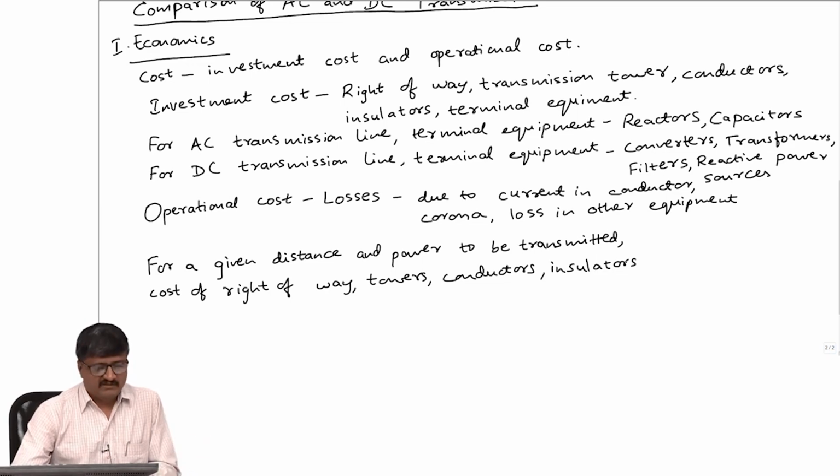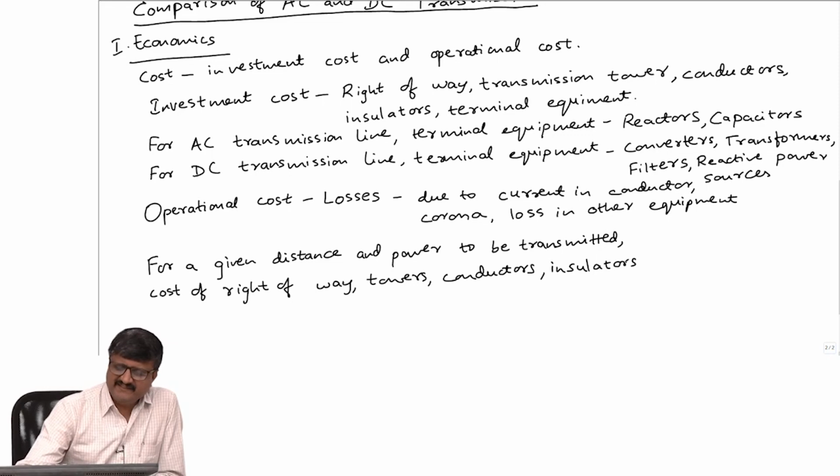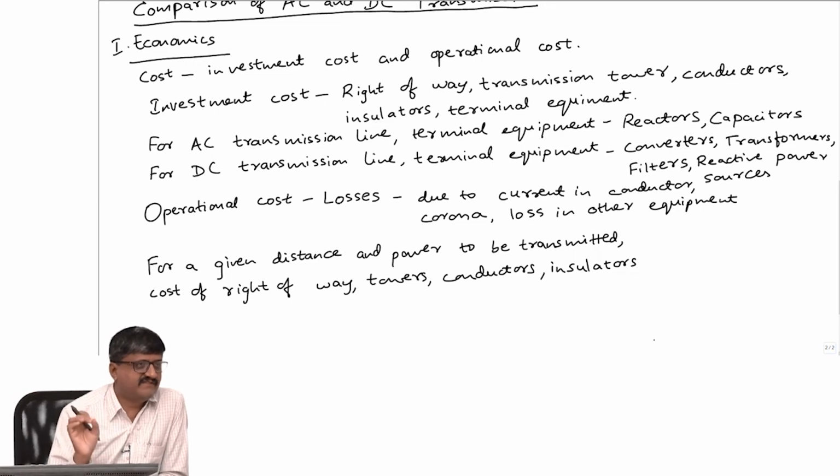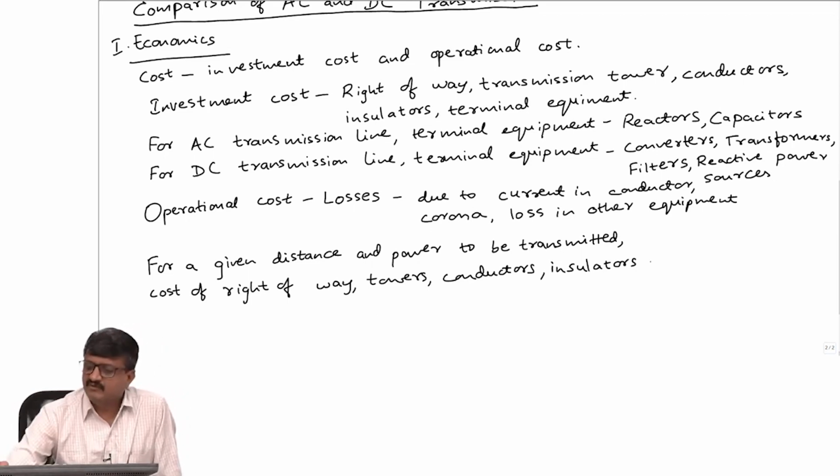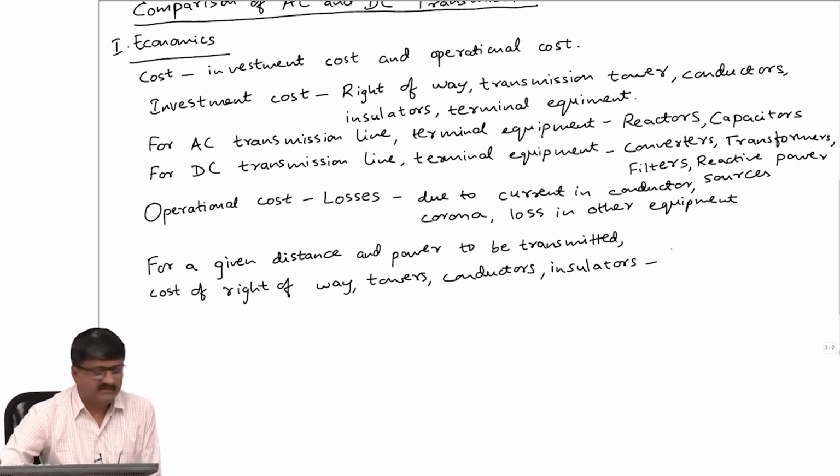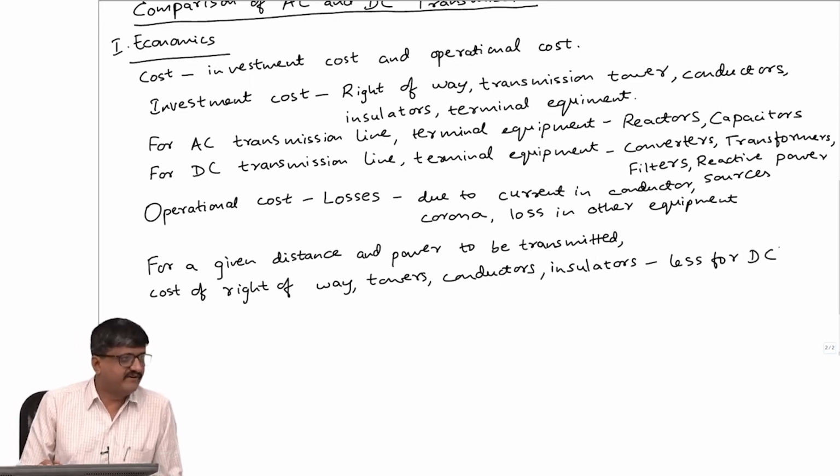Though we don't get into the details of the design, one can see that the right of way depends on the number of wires that you need. With fewer wires, we need less investment on the towers from which the wires are suspended, and of course conductor material is also less, and fewer conductors mean fewer insulators. So, DC is less expensive. Let me write it as: this is less for DC than that for AC.